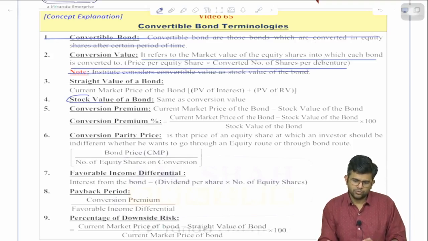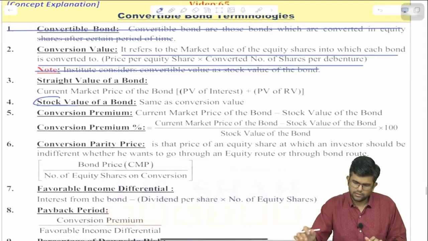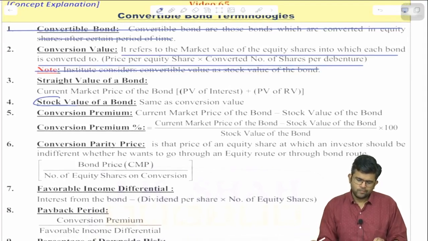It refers to market value of the equity shares into which each bond is converted to.